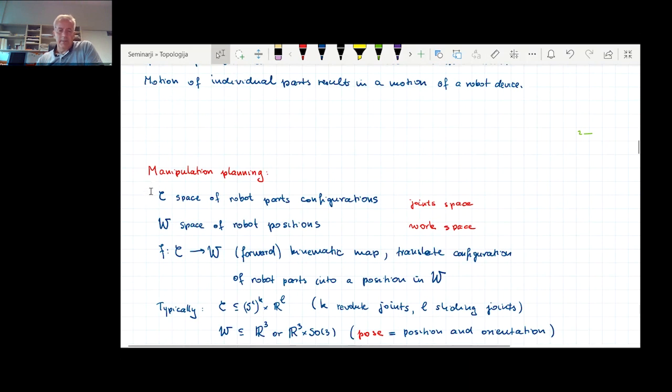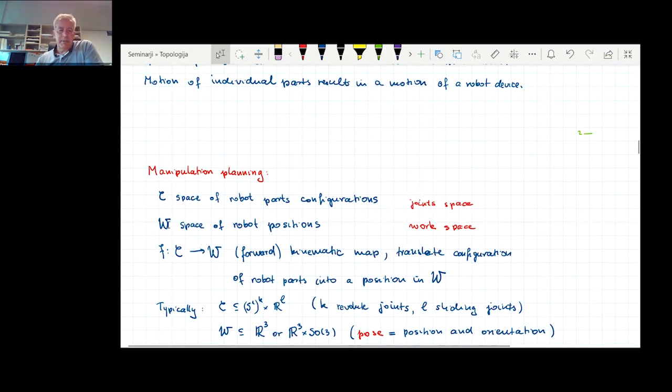One of them is the inner space of the robot. So it's a space of parts configurations, since it usually consists of different joints, either rotational joints or sliding joints. It's called the space of joints, or joint space.